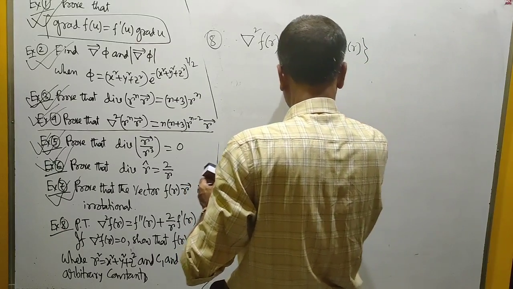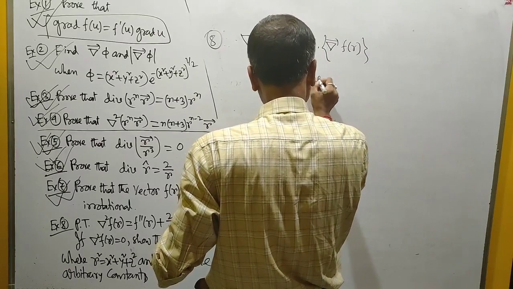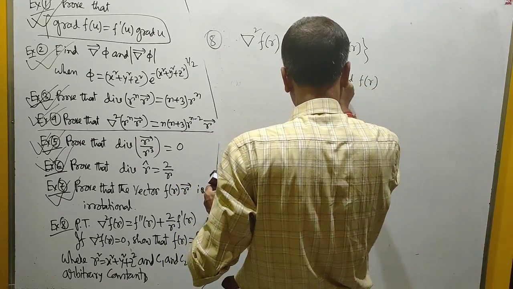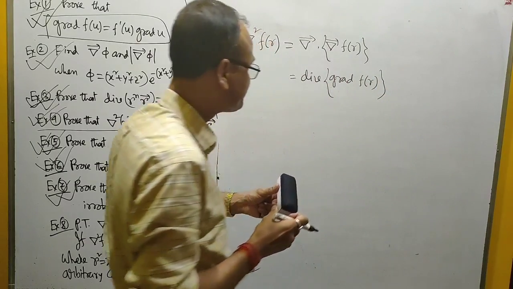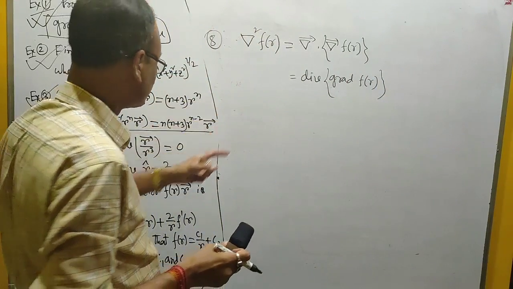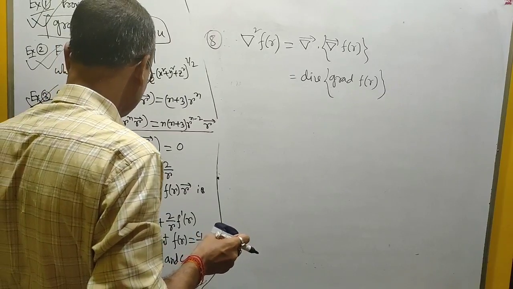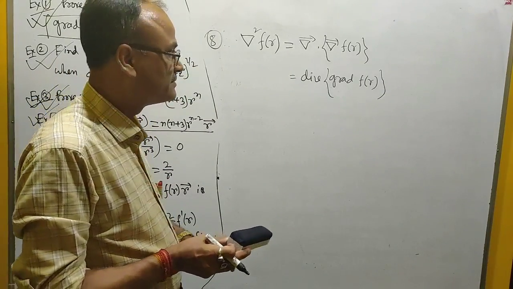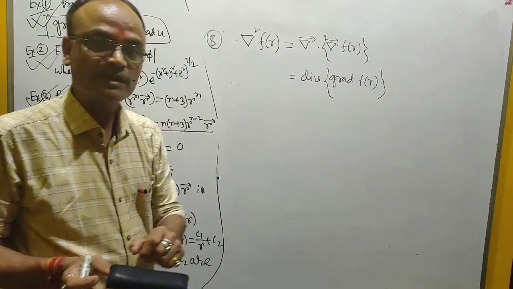this one, which is equal to the divergence of the gradient of f. Divergence of gradient of f.